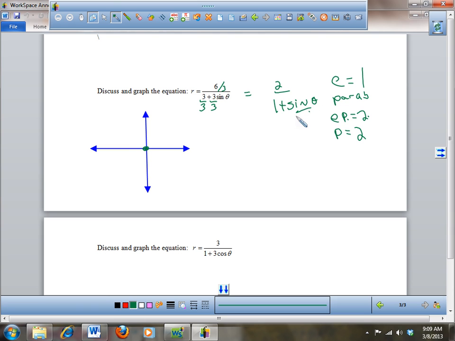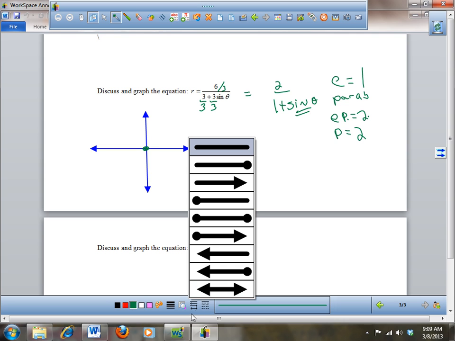Since it's sine, it's going up, down. That's basically what that means. And since it's positive, it means the directrix is up here, okay? And so now I'm going to draw in my directrix, which is P units away.